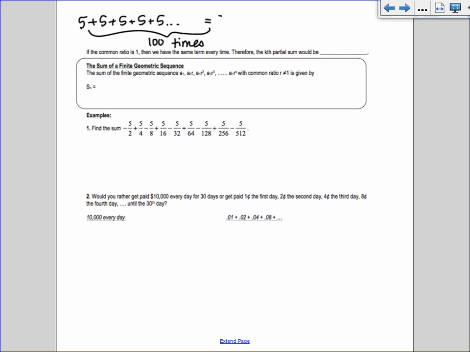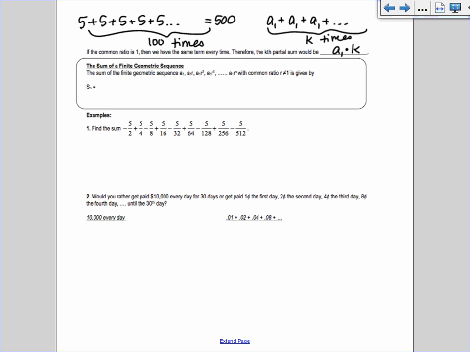We all know that, right? So the same idea, what if I have A1, and then the next term is A1, and then the next one's A1? What's your common ratio in this case? What am I multiplying by to go to the next thing? Just 1, right? So if your common ratio is 1, and I have this k times, well, then the sum would be A1 times k.